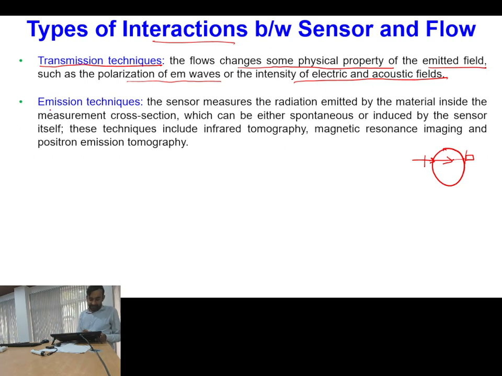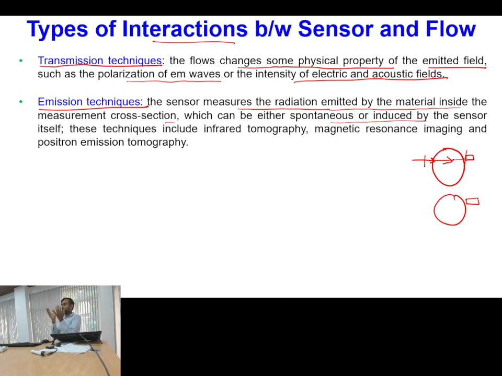Then I have the second technique, that is emission techniques. In case of emission techniques, the sensor measures the radiation emitted by the material inside the measurement cross section, which can either be spontaneous or induced by the sensor itself. So it means that outside this pipe you have some sensor. Say the sensor is like your camera.